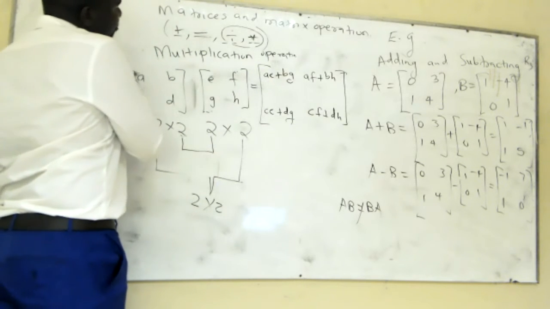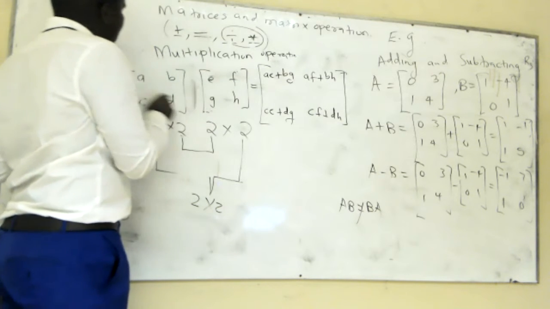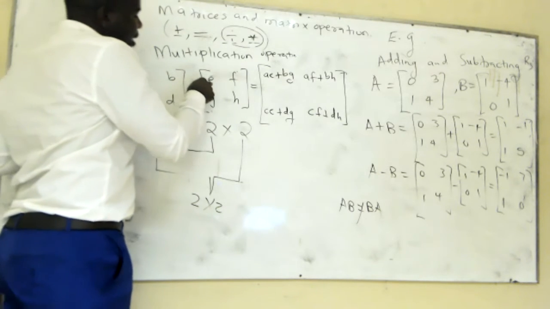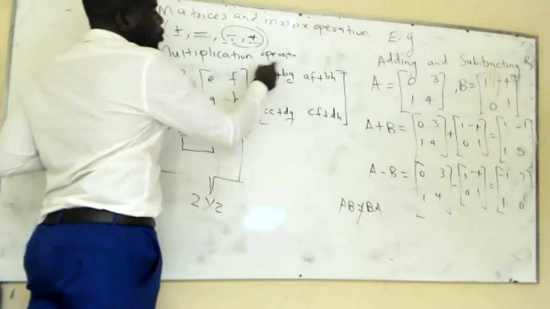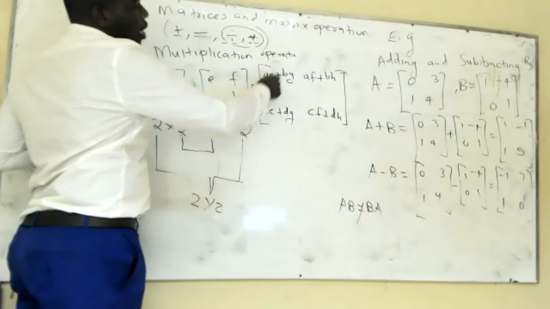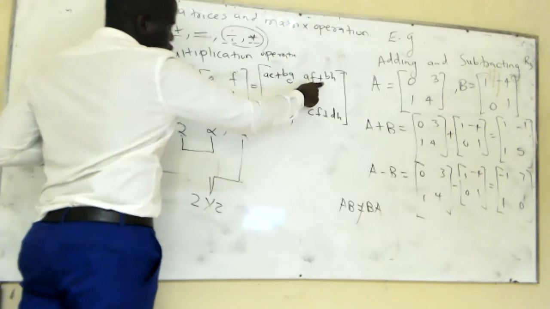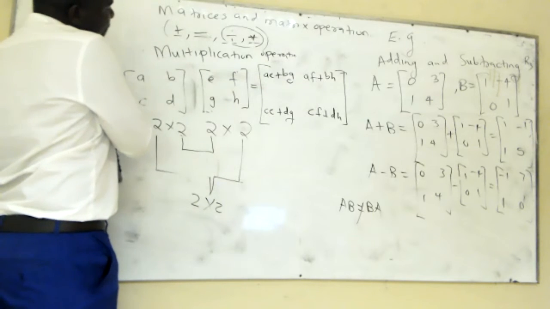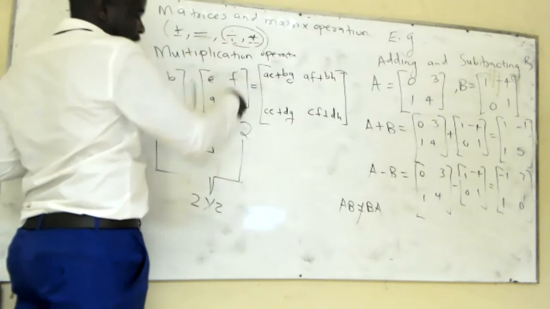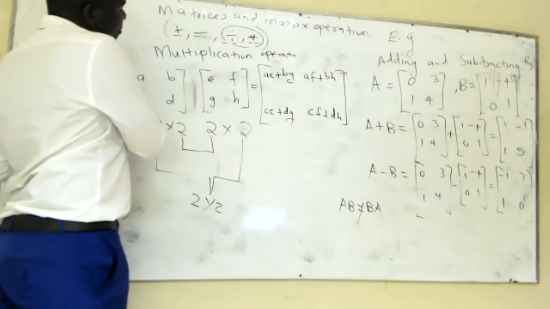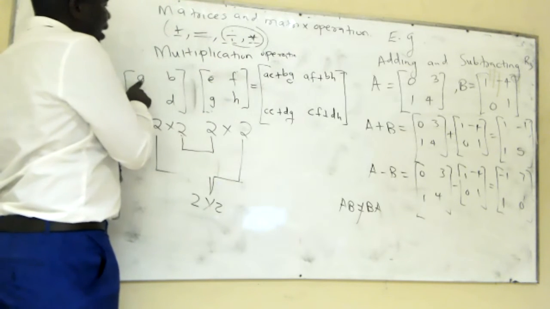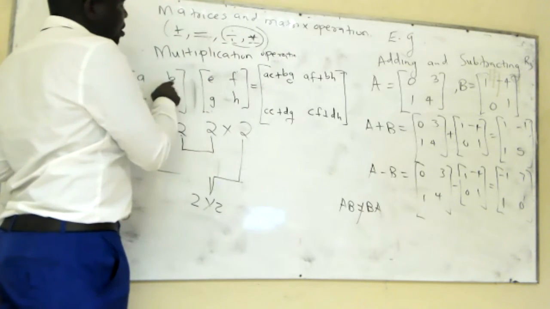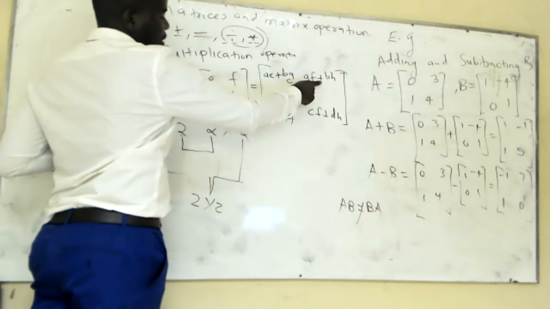So that means A multiplied by E plus B multiplied by G, which will give you the first component. In order for us to obtain the second component, we need to multiply the first row and the second column, which is going to be AF plus BH. This is what we have there.